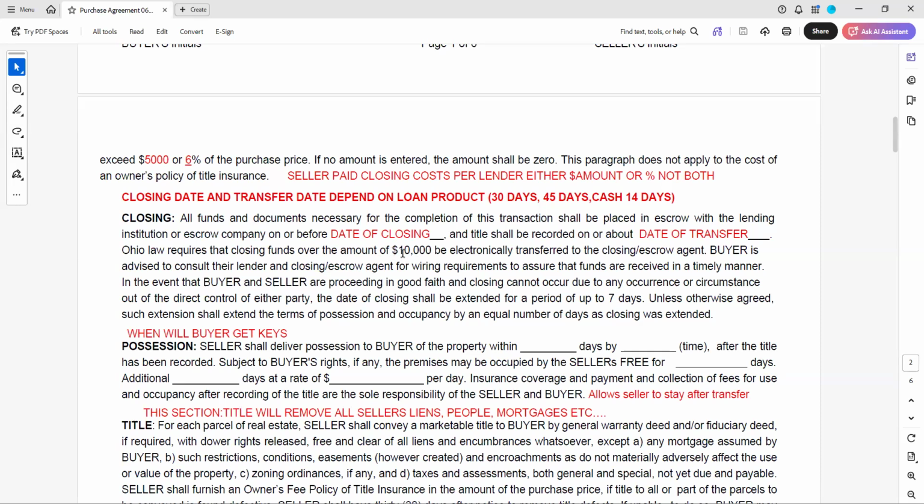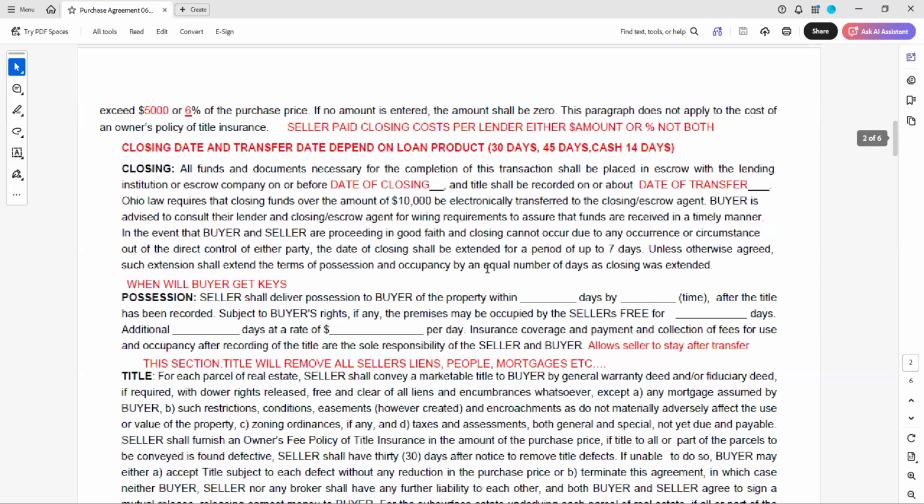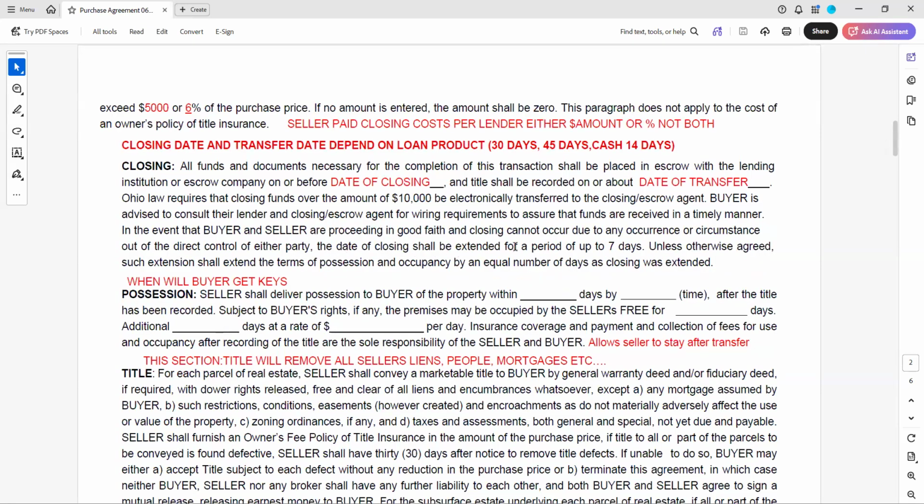There's also a little disclaimer in here about title companies not accepting more than $10,000 on a check. Anything over that has to be electronically transferred to the title company. There is also a little disclaimer on here that says if there's something going on that's not either the buyer or the seller's control, then you could extend the period for like 7 days or so.